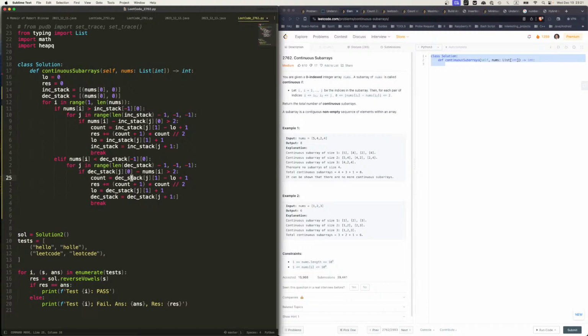Oh, aren't we supposed to have 2 of them? That is interesting. The low. What are we gonna do with the low? Is it the same low or do we need 2 lows? That's a good question.